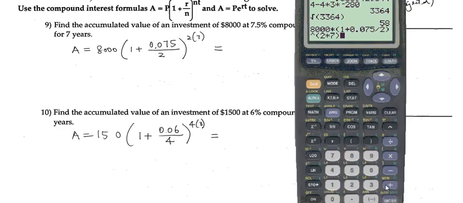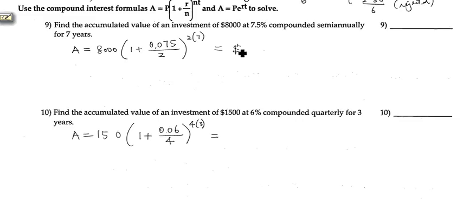How many decimal places do we need? 4? 2. This is a money problem, right? So what should we say? 13394.41. Okay. So it would be 13,394.41.